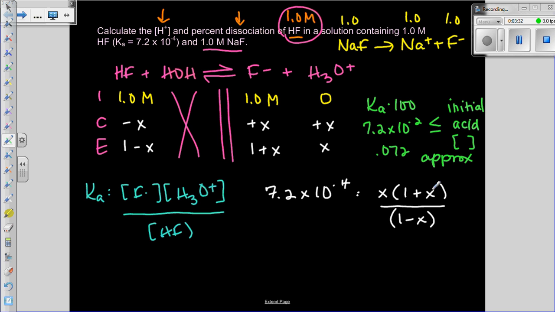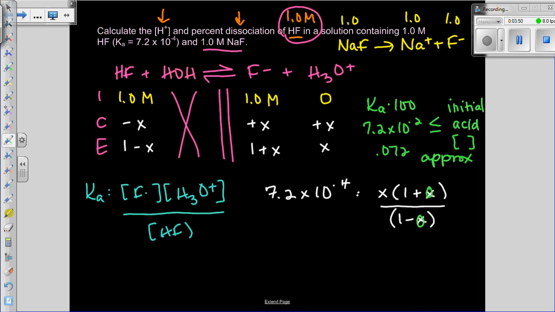What that means is that the x's that are added on or subtracted off of this number are so small that, because of significant figures, these are essentially going to be 1. So this x is 0 and this x is 0.